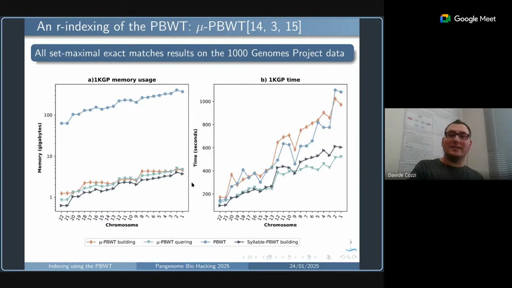On the other hand, MoPWT, the orange one, just requires more or less 5-6 gigabytes of memory. Yes, we are a little slower, but not so much.